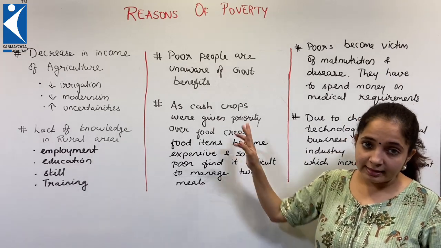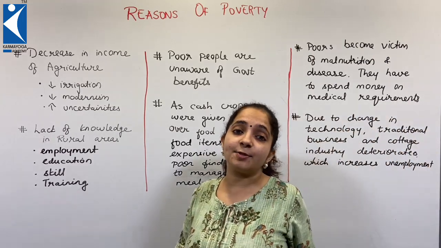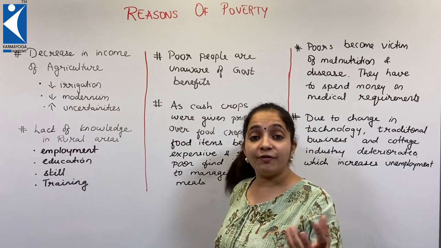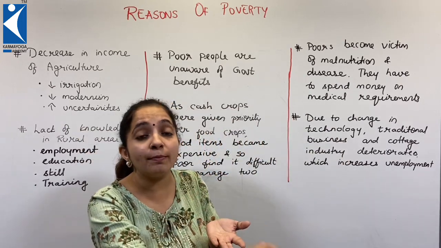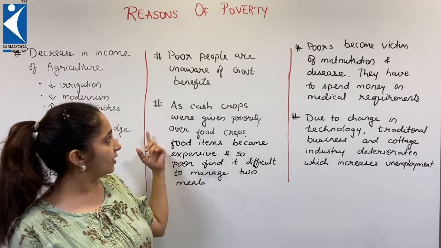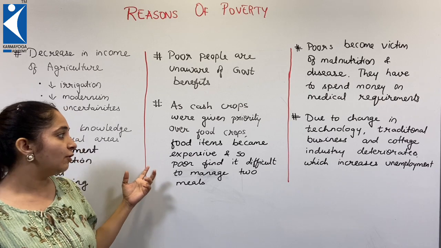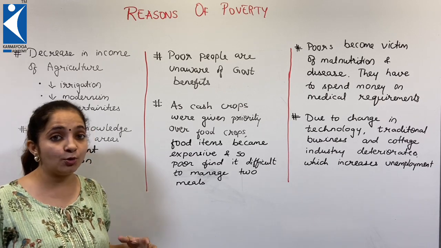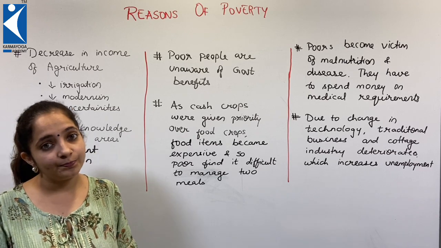Along with these reasons, there are some other reasons that are indirectly responsible. These reasons don't fetch money, and the money they already have is being spent more, making them poor. How? Cash crops were given priority over food crops, so food items became expensive and it became difficult for the poor to afford 2 meals.